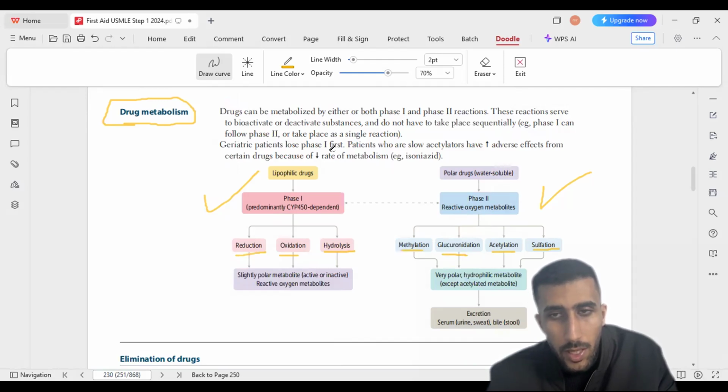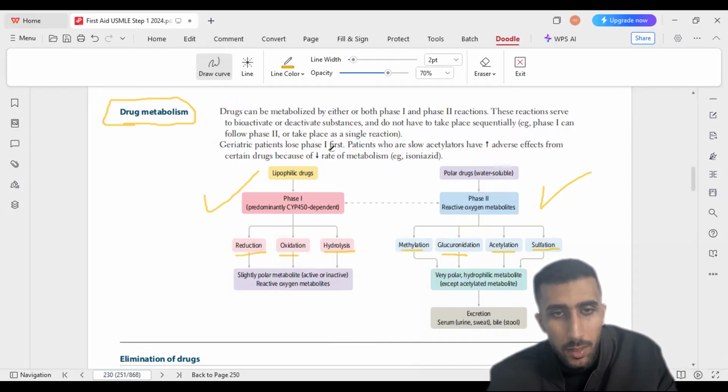These reactions serve to bioactivate or deactivate substances. Some of the drugs actually have to be metabolized to be activated, and most drugs are just deactivated by this drug metabolism.